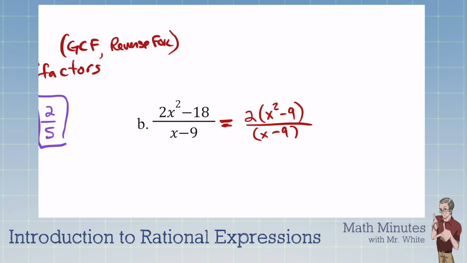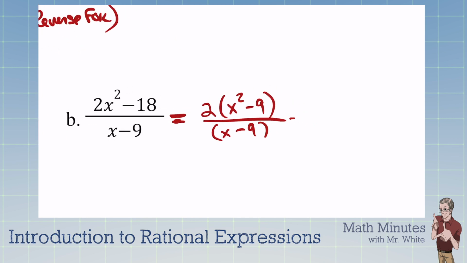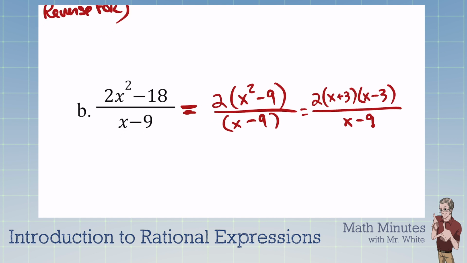All right, and then I go ahead and factor the top and bottom. X plus 3, x minus 3, that's greatest common factor, and then reverse FOILing, and I have an x minus 9. So is there anything that can cancel? No, there's absolutely nothing. So this is fully canceled. I can't cross anything out. Maybe this is a typo and I meant to put x minus 3 on the bottom, but I didn't. So this is the way we're going to work the problem. There's nothing that we can do there to simplify that problem.